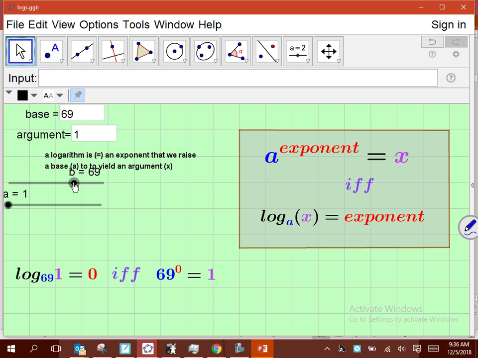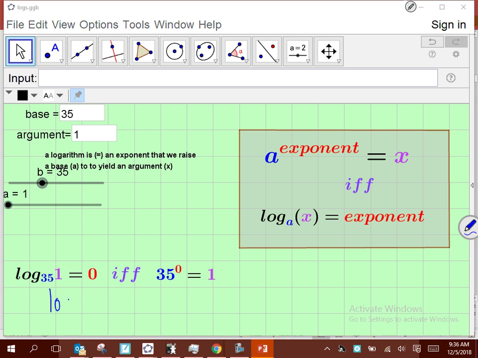If that 1 never changes, does that 0 ever change? No. So the log base of anything, and you're going to see this in a little bit, the log base of anything of 1 is always equal to 0. That's the only way I can come back and give myself 1, right?